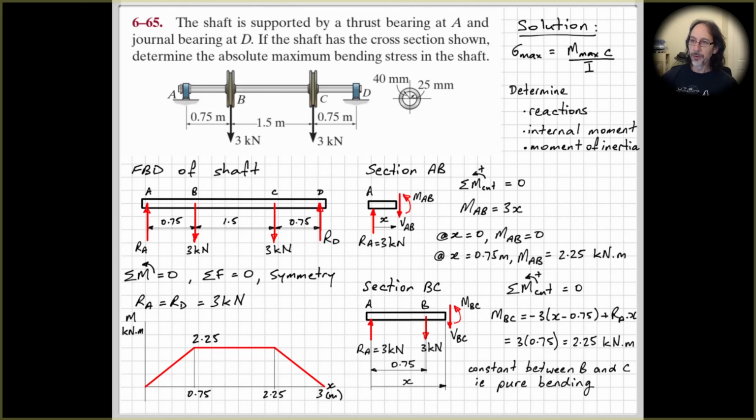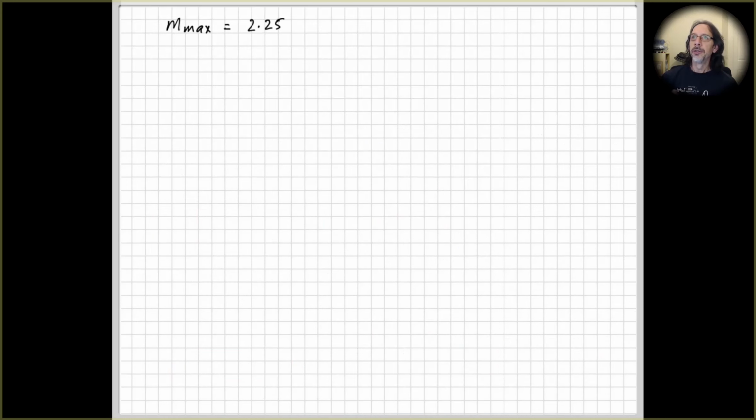All right, so we've now worked out that our maximum bending moment in the shaft is 2.25 kilonewton meters. So now if we make use of our beam flexure equation, we need the distance from the centroid to the outer fiber, so that's just the radius.